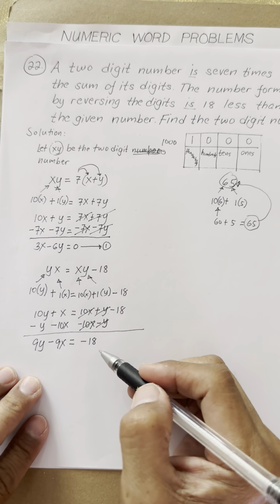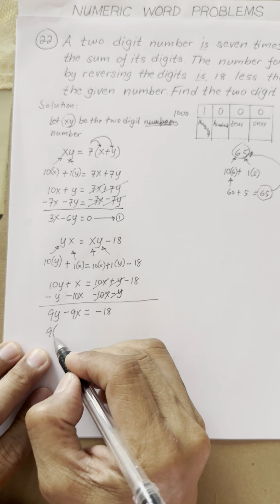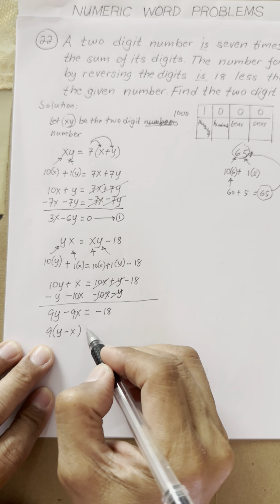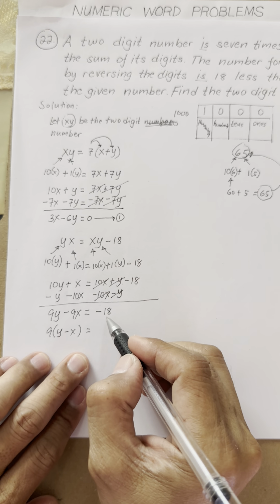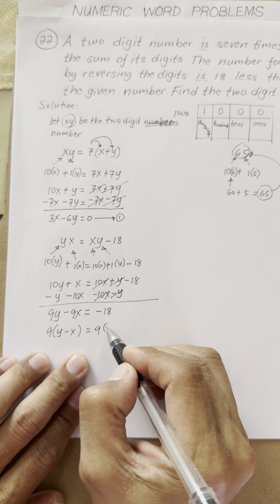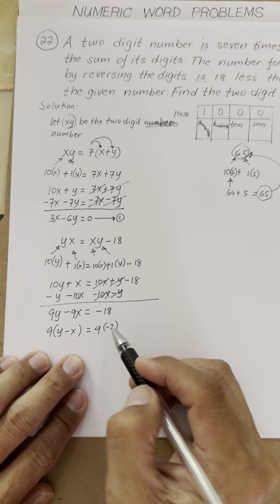So if you look at the equation, common on both sides is 9, so we can factor it out. We have 9 times y minus x. On the right side, we can factor this also: negative 18 can be factored as 9 times negative 2.